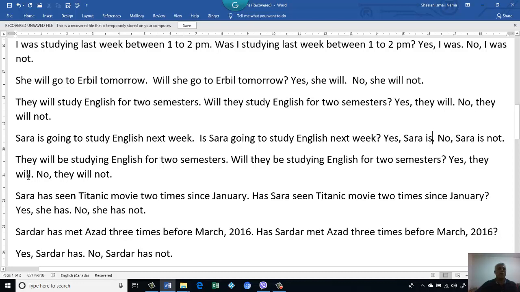Okay, if we have a future continuous, simple future continuous, subject, auxiliary, then we have to make it like this if you want to make it a question. Then we say be is the root of the verb.